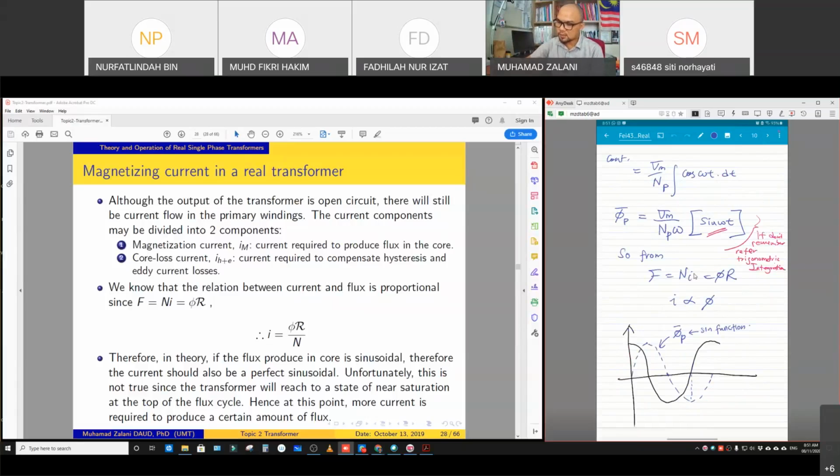This is just simple calculus, which is, if we integrate cosine omega t, we do the integration.